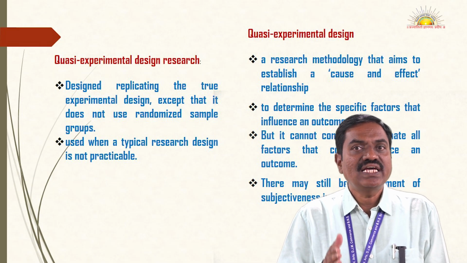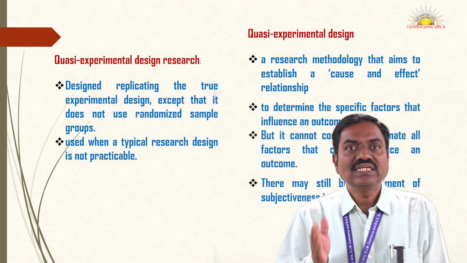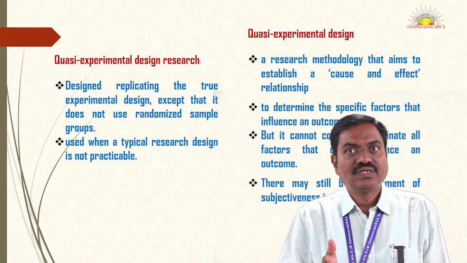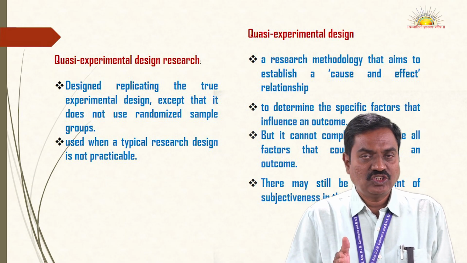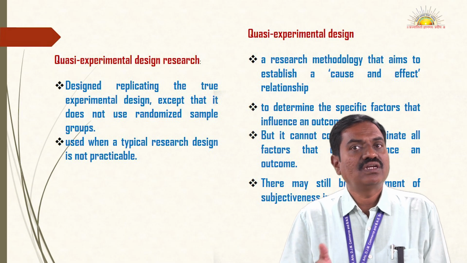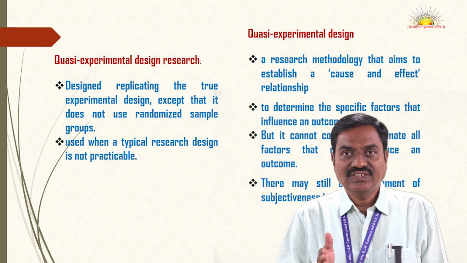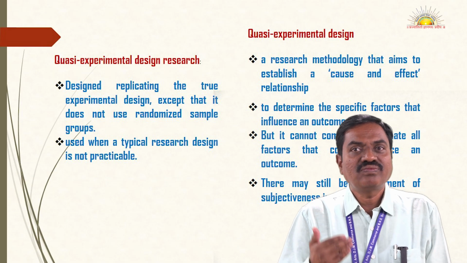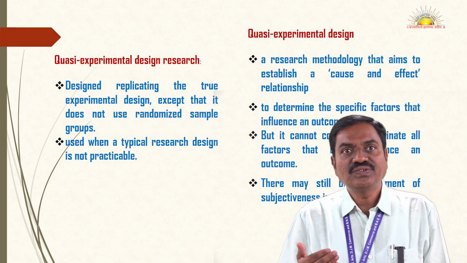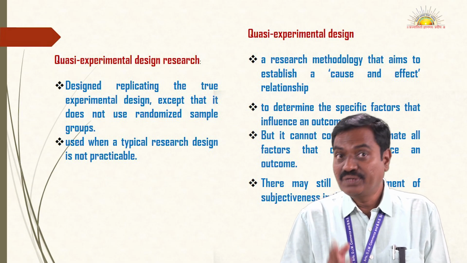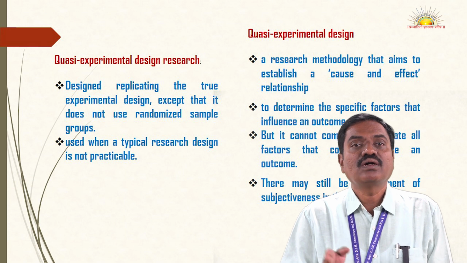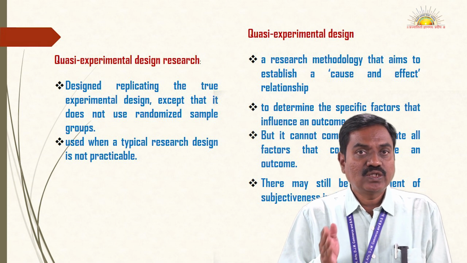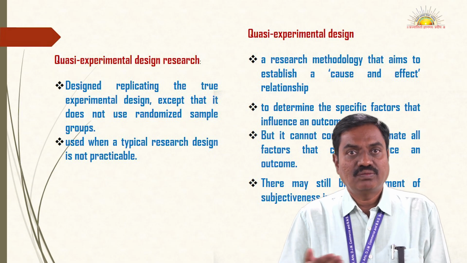A quasi-experimental design is a research methodology that aims to establish a cause and effect relationship. That is, it aims to determine the specific factors that influence an outcome, but it cannot completely eliminate all factors that could influence an outcome.